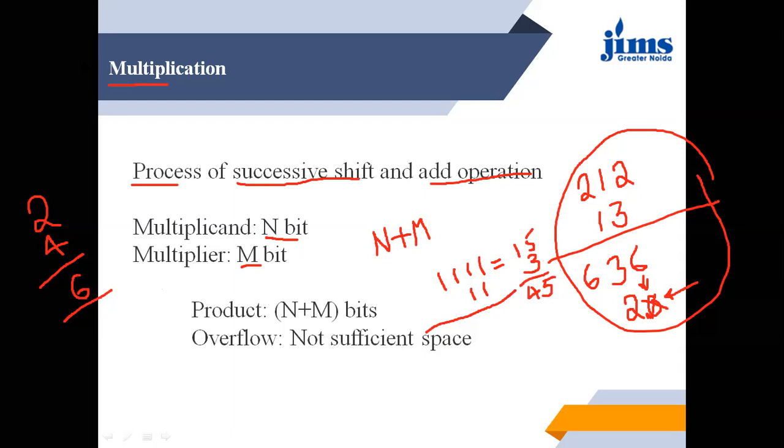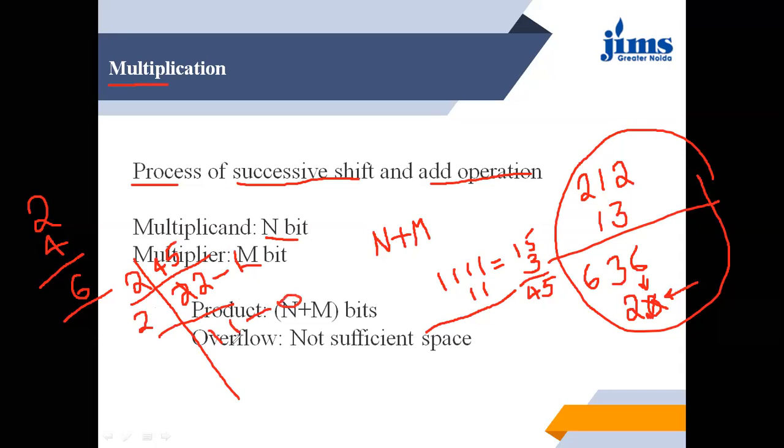45 divided by 2. The process to write this in binary, we saw how we can change a decimal number into binary numbers. So 45 divided by 2 is 22, remainder is 1. Again, when we divide 22 by 2, this is 11, whereas remainder is 0.